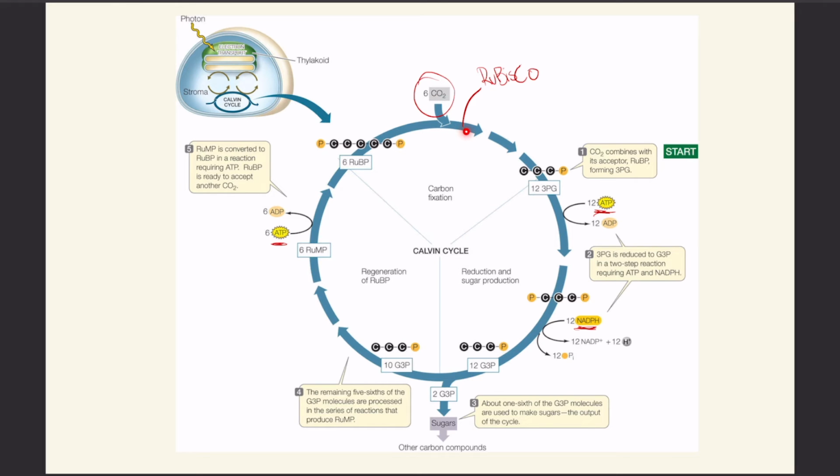And then Rubisco is an enzyme which attaches the carbon dioxide and the RuBP together. And immediately it's going to break it apart into two 3-carbon molecules. So it goes from a 5-carbon molecule combined with a 1-carbon molecule, and that generates 2 3-carbon molecules.